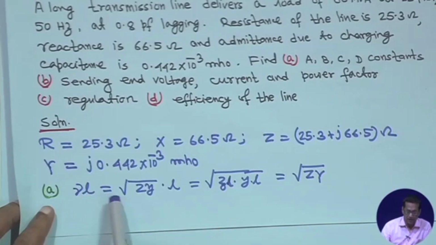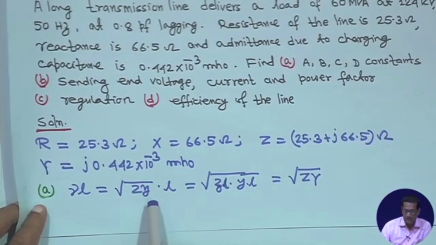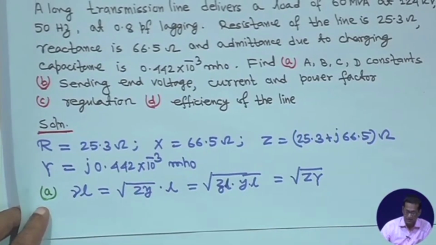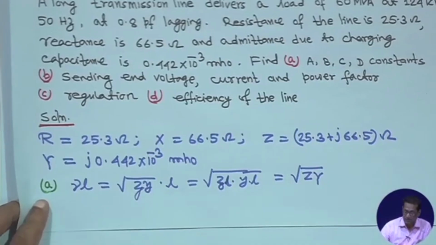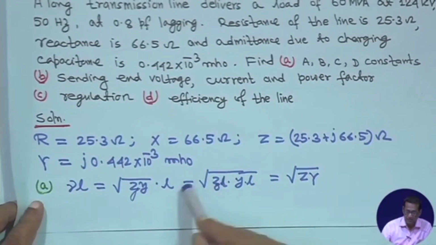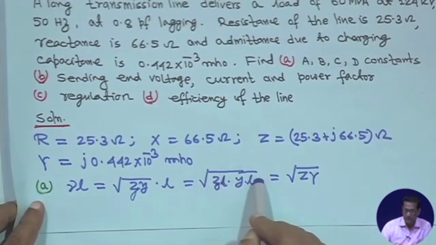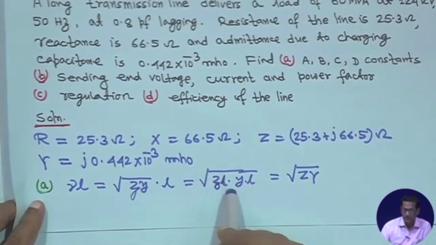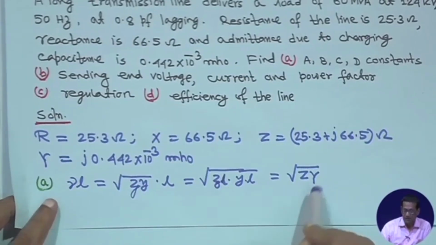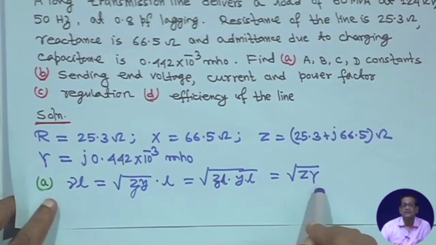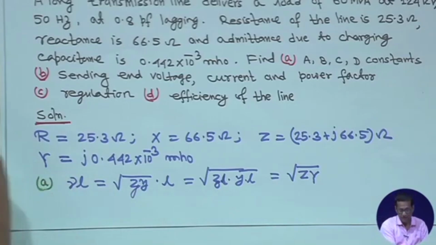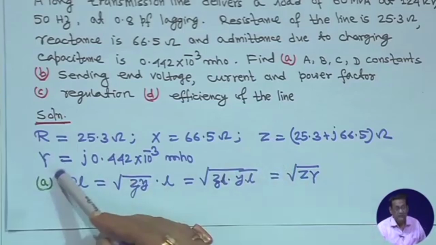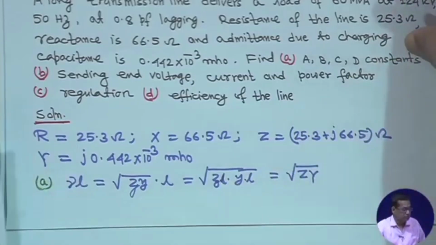Because we are going for a long line, gamma L is root over z y, where z is the small z. So, z y into L square inside the root gives z L into y L, that is, gamma L is equal to root over capital Z capital Y. Both z and y are known to you.